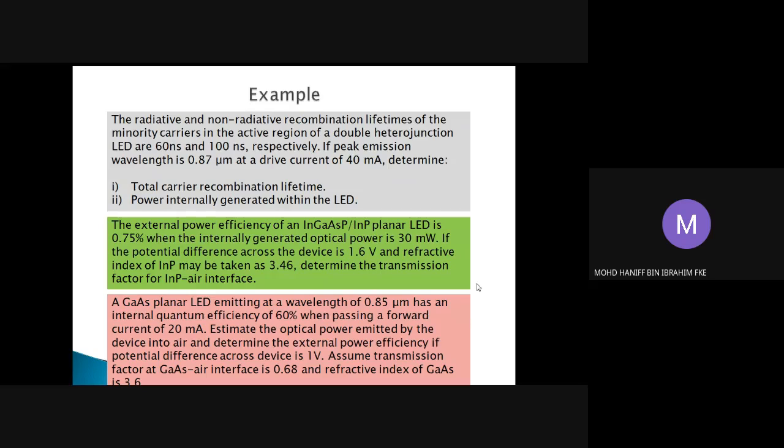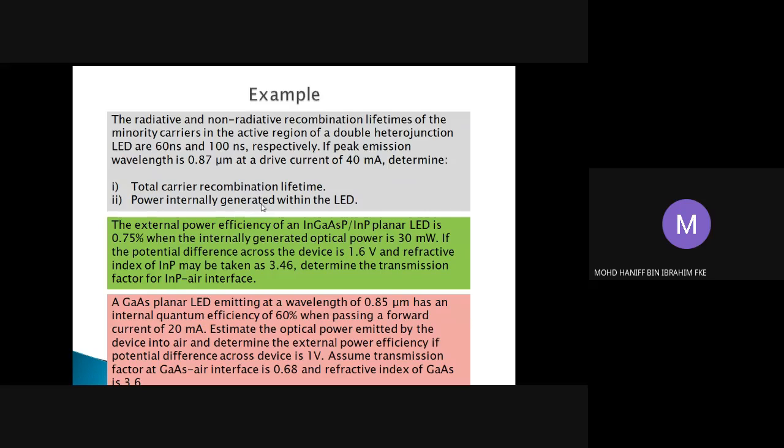Given that the peak emission wavelength of this LED is 0.87 micrometer with a drive current of 40 milliampere. Number one, determine the total carrier recombination lifetime. Number two, the power internally generated within the LED, which is P int.